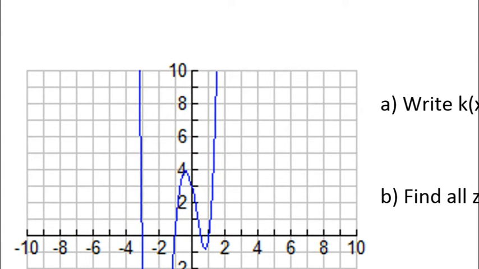So let's see, we've got a bunch of zeros here. Well, I've got 3 that I see really clearly. This one here is 1. This one looks like it might be 1/2, but I don't want to guess at that. This one is -1, and this one is -3. So we got 1, -1, and -3 as zeros.